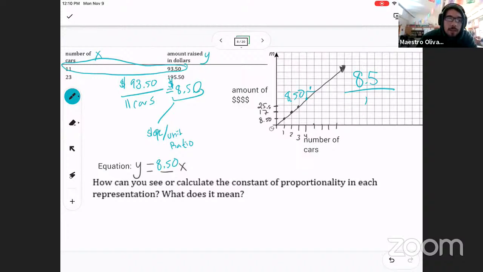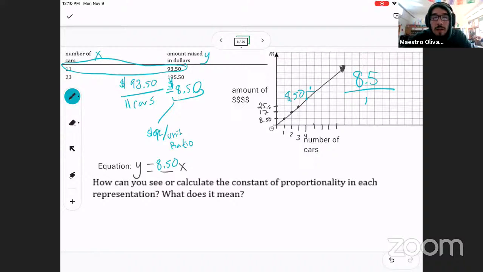We have an exit ticket. You can use your notes. Whoever just disconnected is going to lose out because there's a homework assignment and an exit ticket. I don't know why people do this. The exit ticket, you will be able to get a 4 out of 4 if you use your notes.